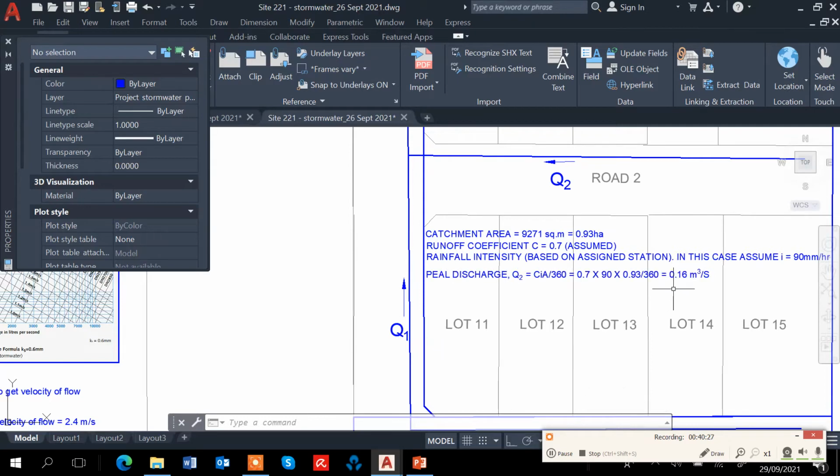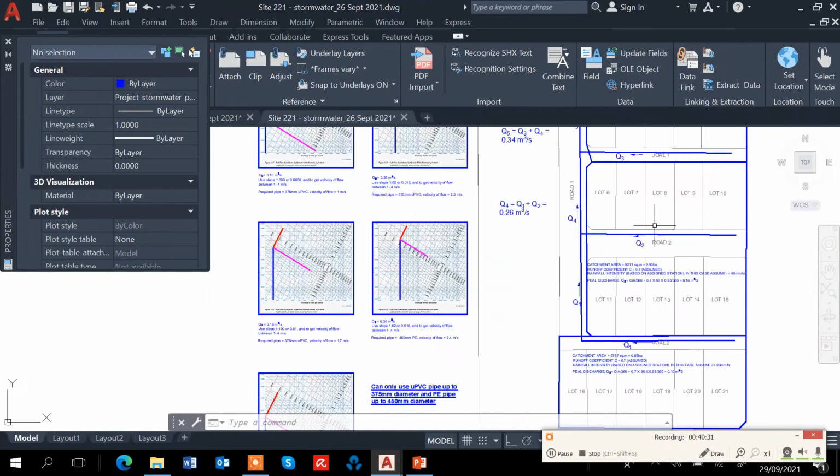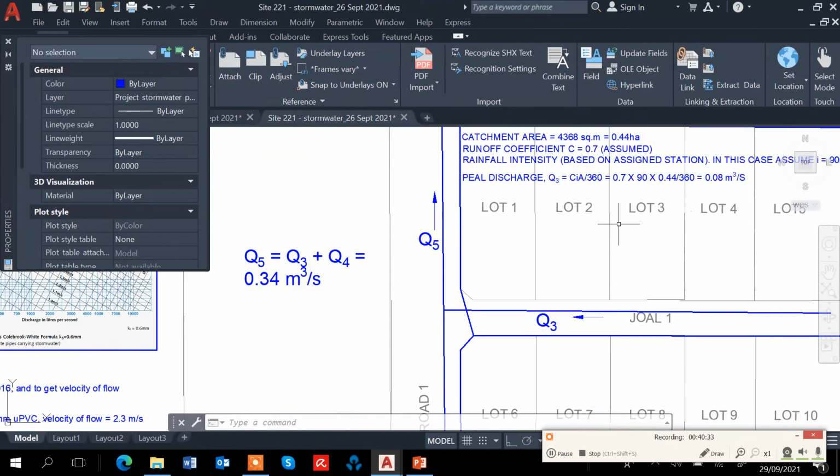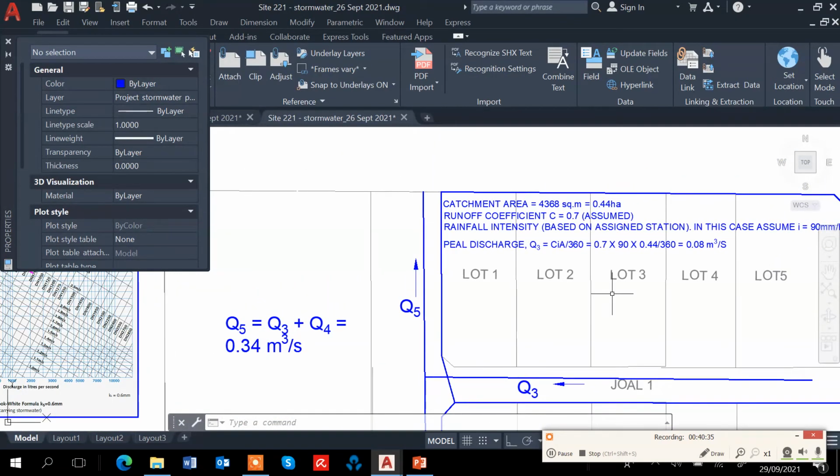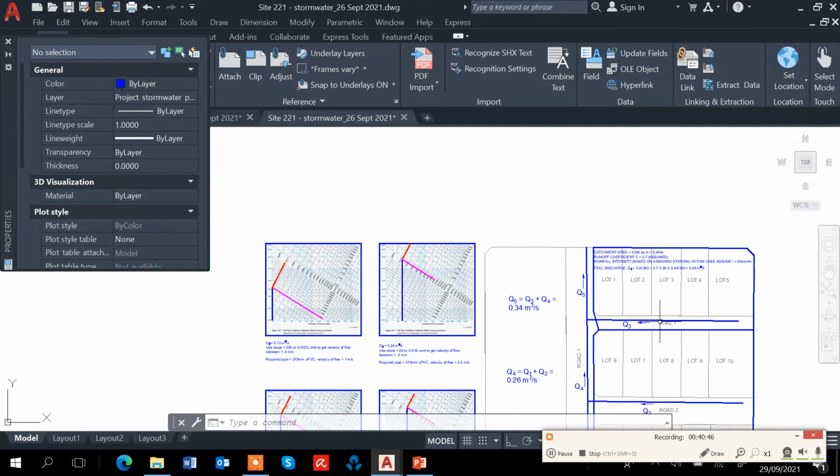So for this one, the peak discharge is 0.16 meter cube per second. And for the Q3 up here, the area is 0.44 hectare, and the peak discharge is 0.08 meter cube per second.